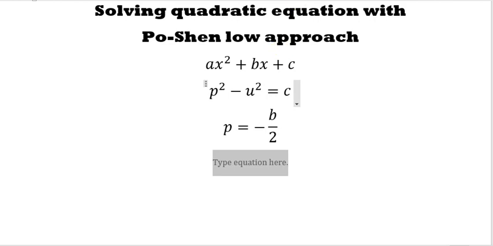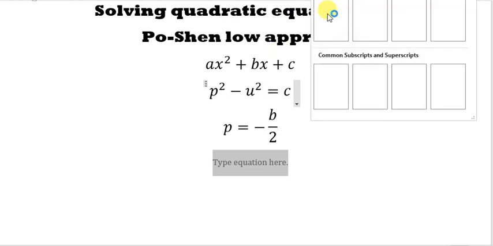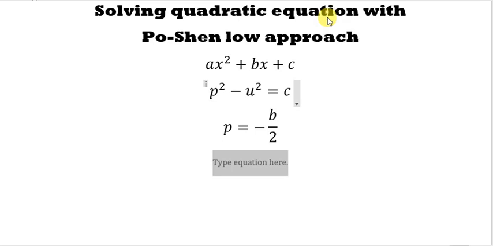So an example of a quadratic equation we can make use of is x squared minus 2x minus 3 equals 0.